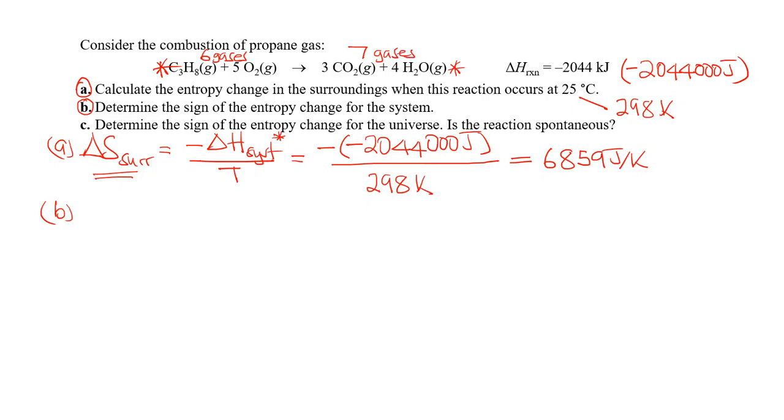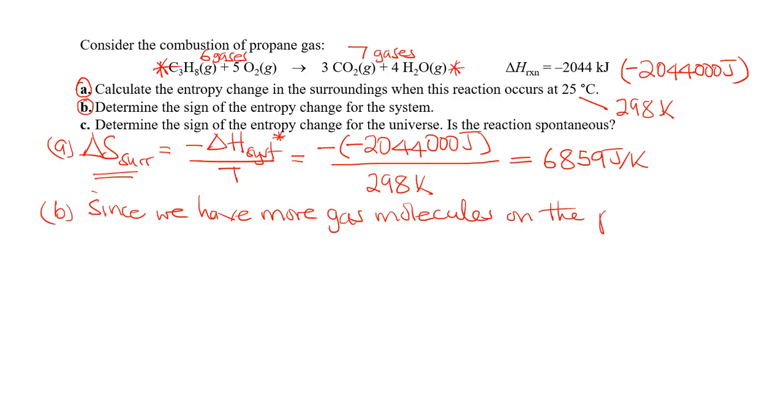So since we have more gas molecules on the product side, then the entropy increases. So we say since we have more gas molecules on the product's side, the entropy increases.